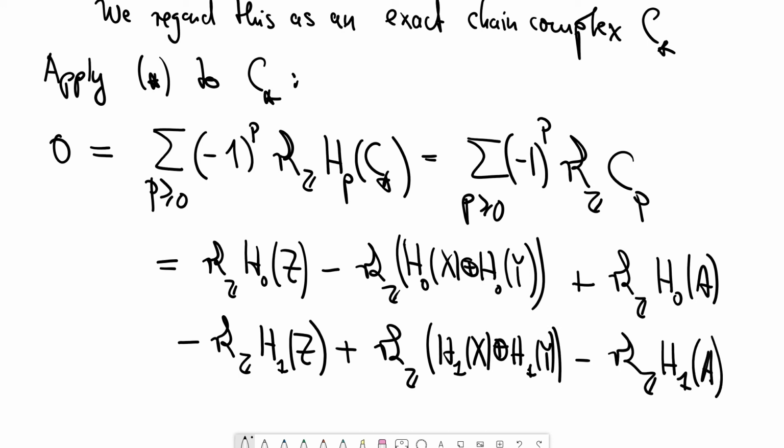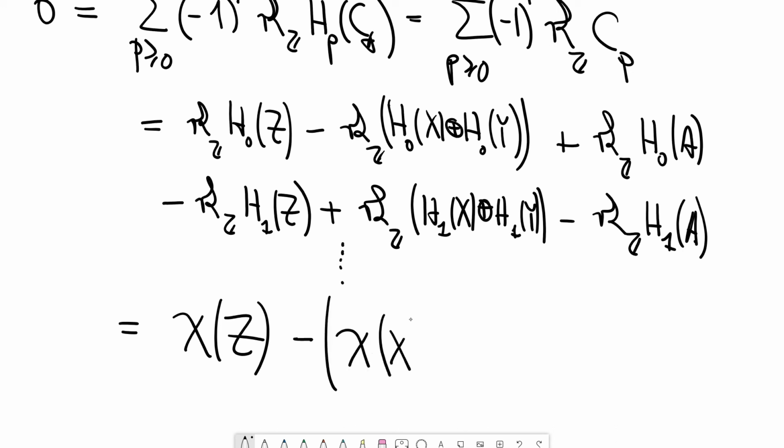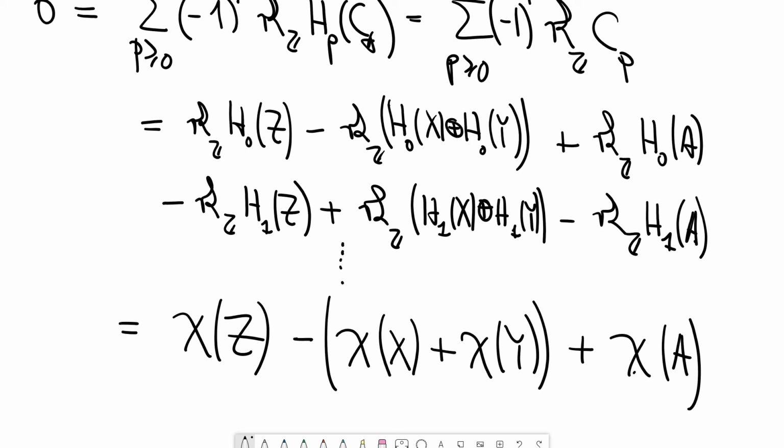And you see where this is going. What you get is the Euler characteristic of the total space C minus the sum of the Euler characteristic of x and y, and then plus the Euler characteristic of a, and that sum is 0. This is what we've shown. This shows the additivity statement.